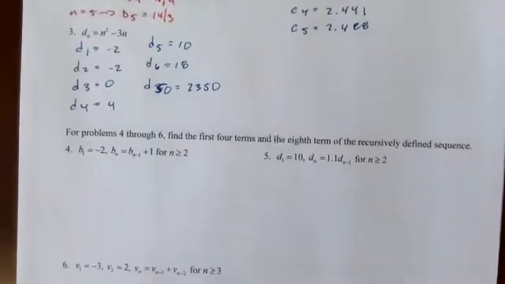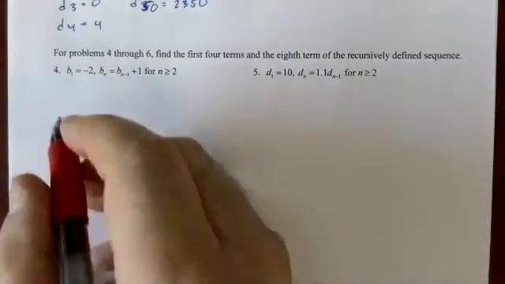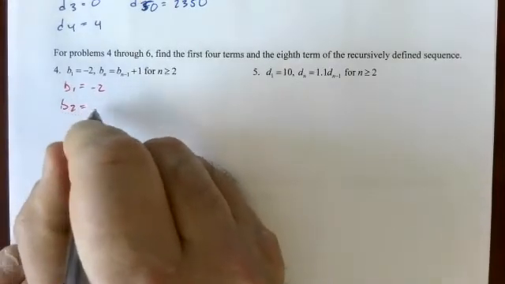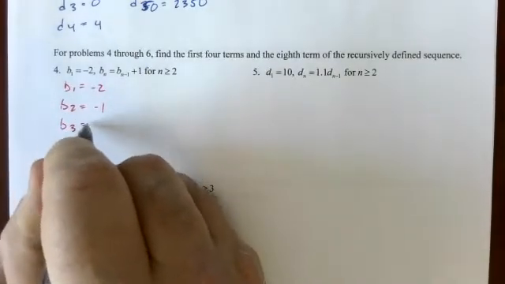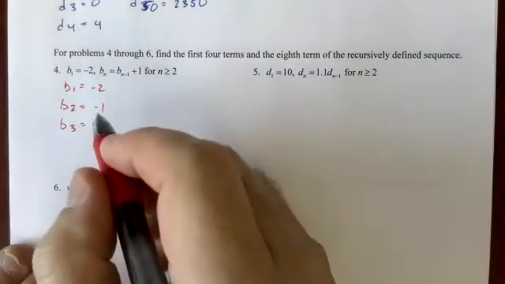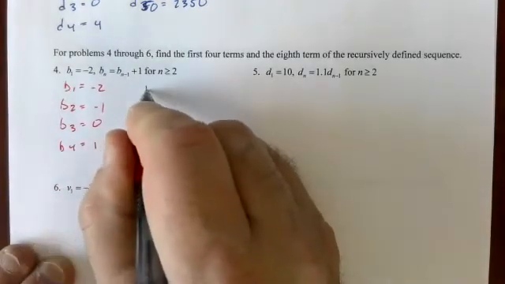All right, moving on. Again, we're just plugging things in here. B1 equals -2. B2 equals -1. And I'm just following along. I'm adding 1 each time. -2, -1, 0. B4 equals 1.